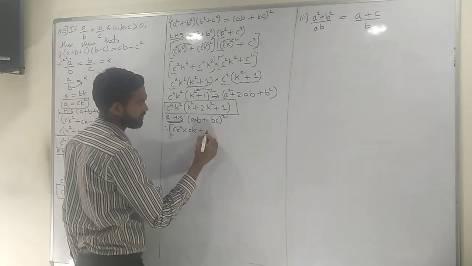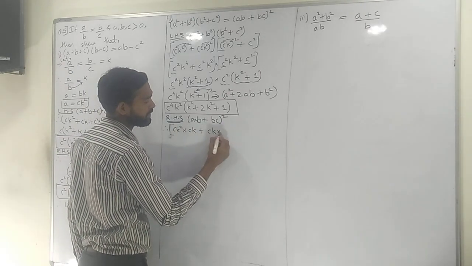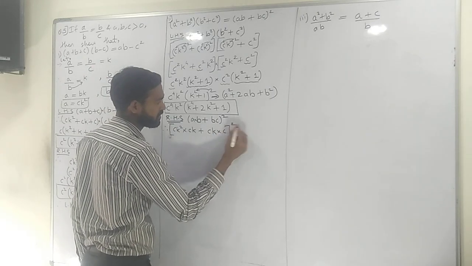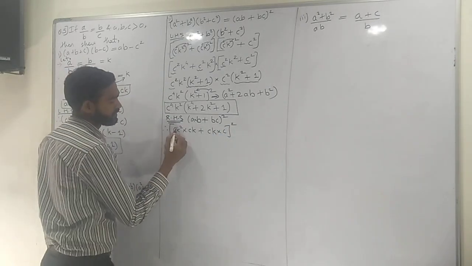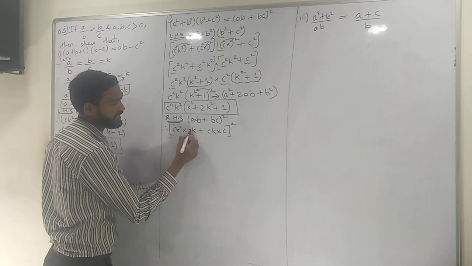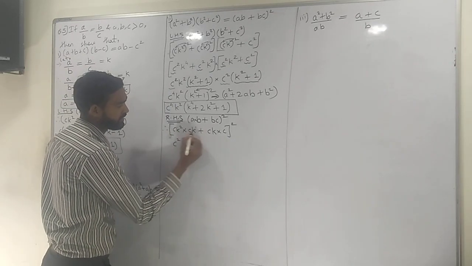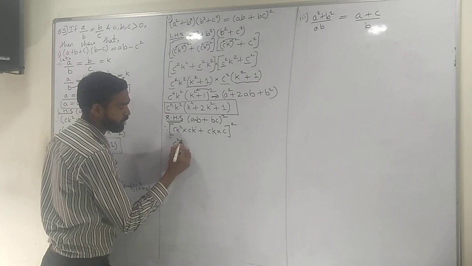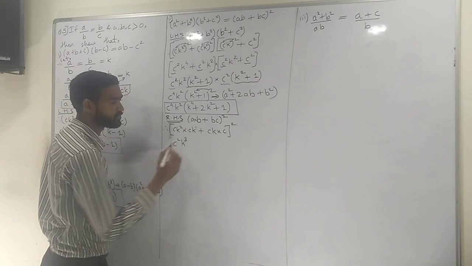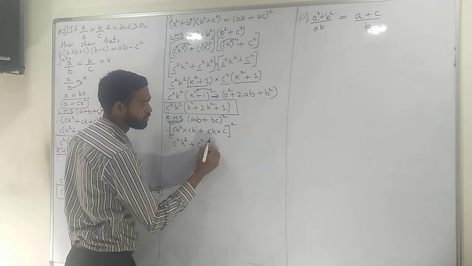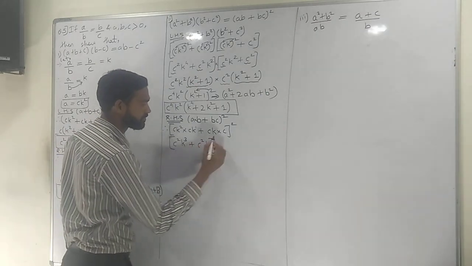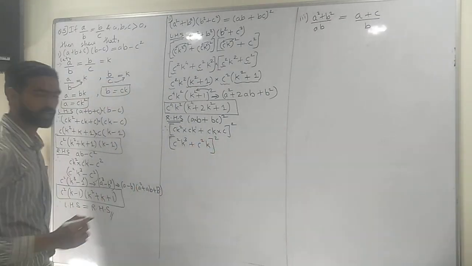B is CK. Into, what is C? As it is. The whole square. Next, this, they are multiplying. C into C, C square. K raised to 2 plus K raised to 1, K raised to 3 plus C into C, C square into K, the whole square. Clear all?